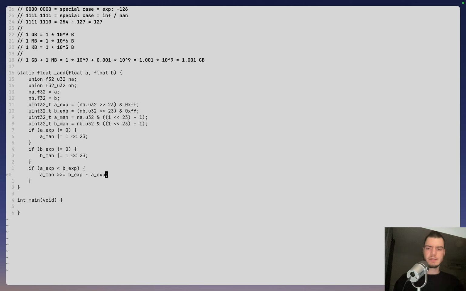And since a is smaller than b, we are guaranteed that this gives us a positive value. Okay. Otherwise, we're going to test if b exponent is smaller than a. And in that case, we're going to shift the mantissa of b to the right.